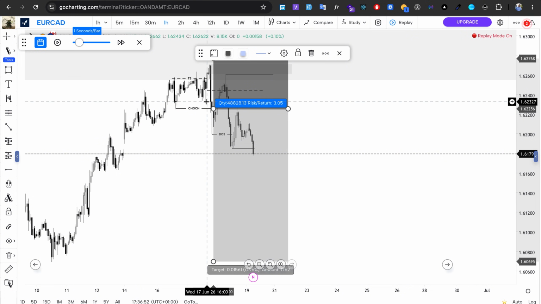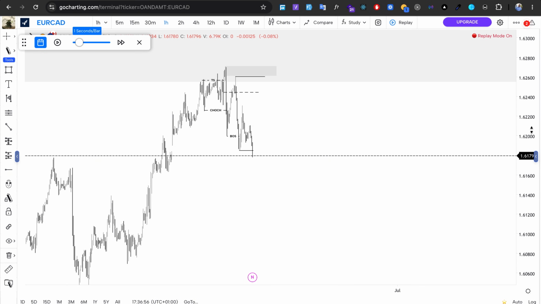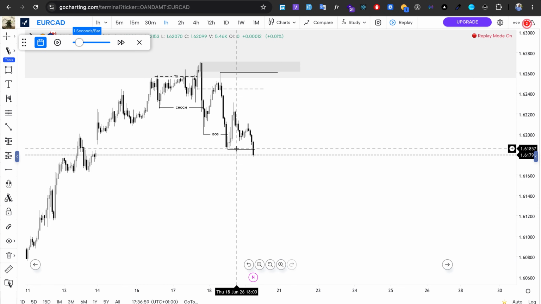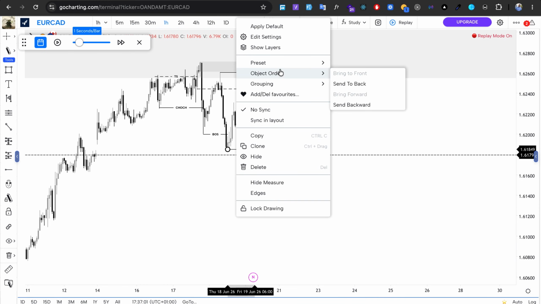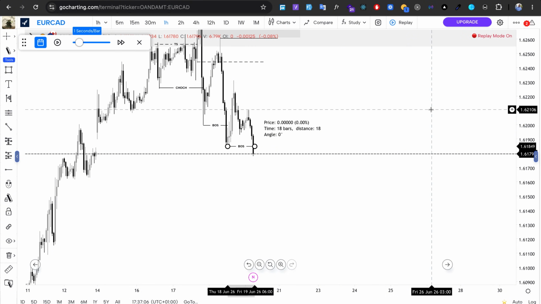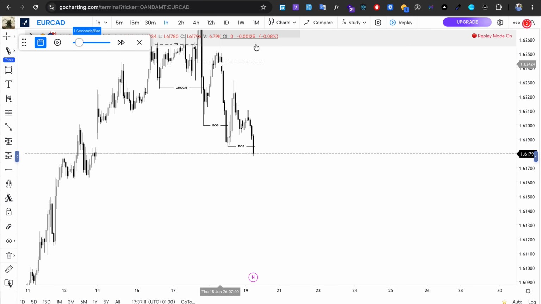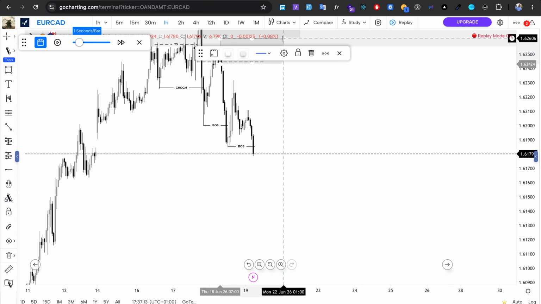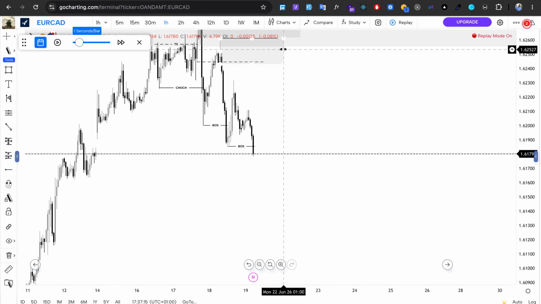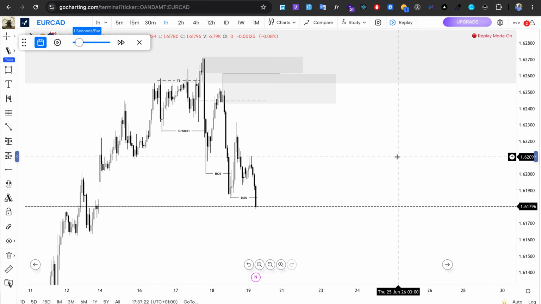So now this place has given us another break. So I can consider this place now as a potential liquidity.